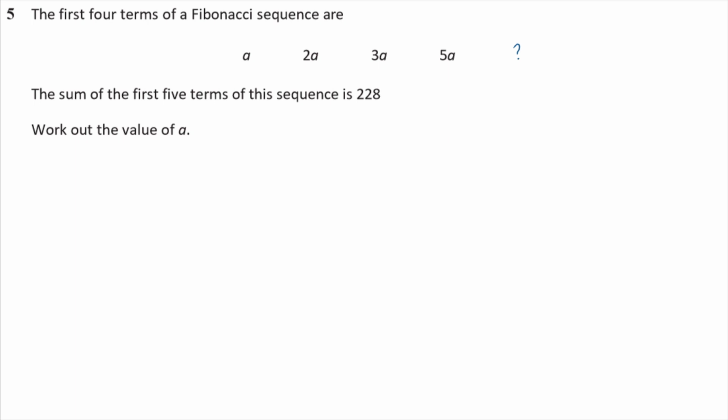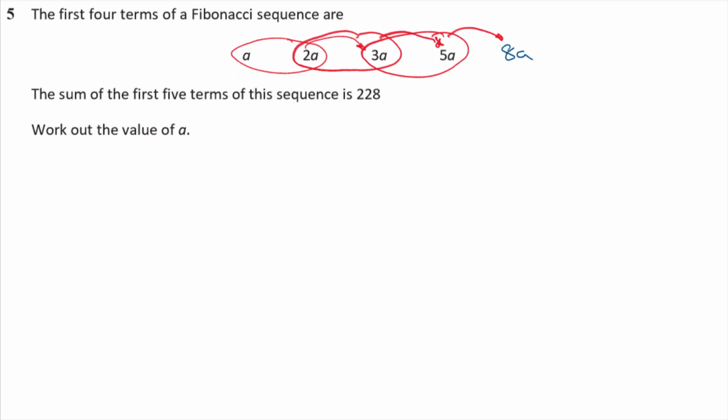Now, with a Fibonacci sequence, the previous 2 terms give you the next term, don't they? So A plus 2A is 3A, 2A plus 3A is 5A, 3A and 5A is what? That is 8A, isn't it? So the 5th term is going to be 8A. So what do all the terms add up to then?